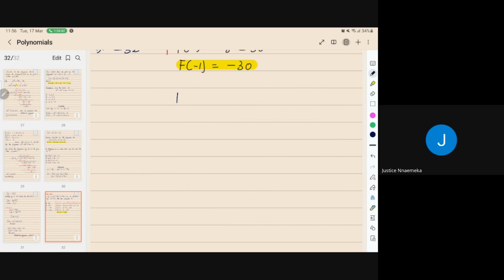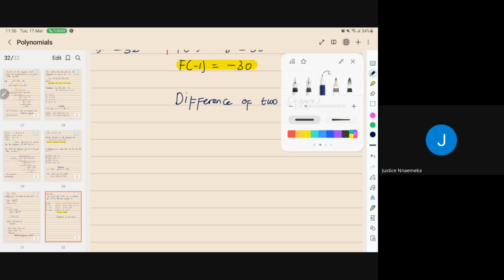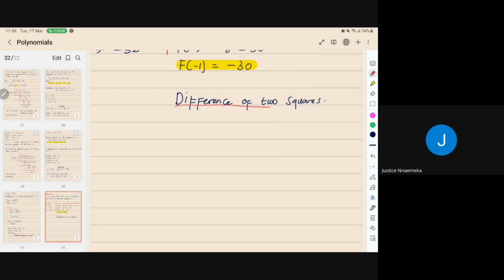Look at difference of two squares. Sometimes we have to factorize things that have to do with difference of two squares.